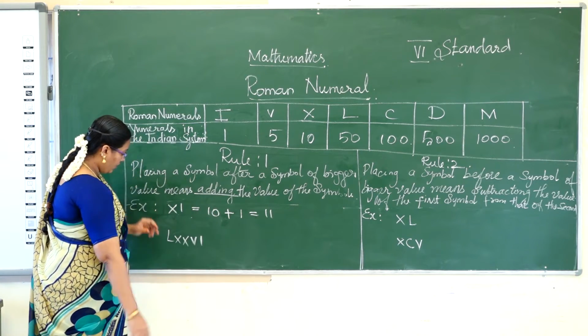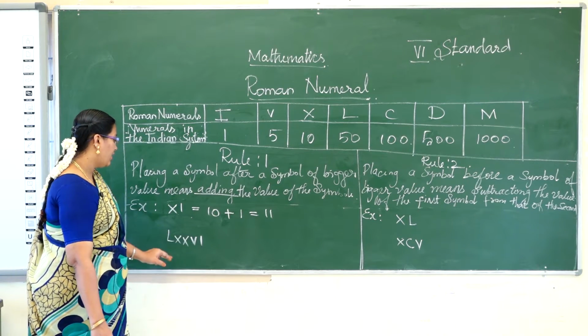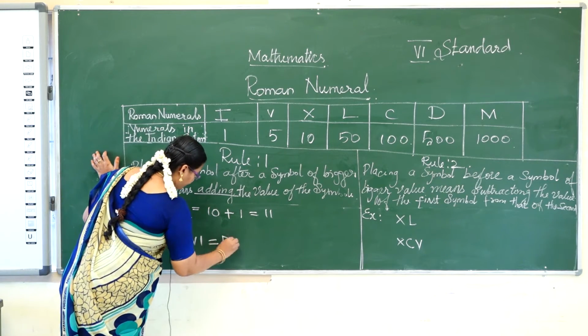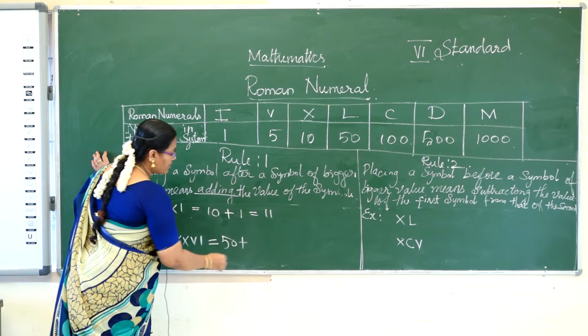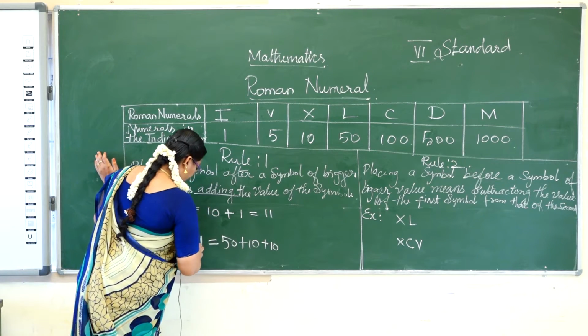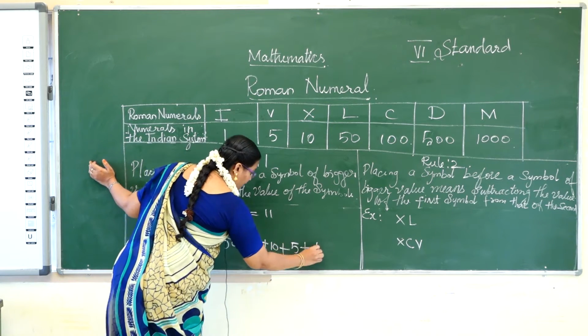Okay. And the next example, L, X, X, V, I is given. What is the value of L? L is 50. X value is 10, and the next one also 10. V value is 5 and I value is 1.